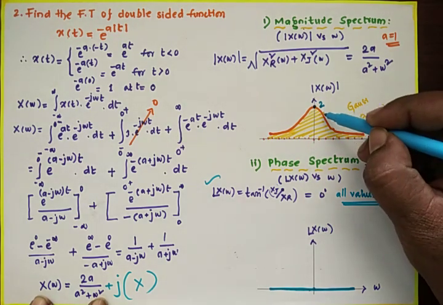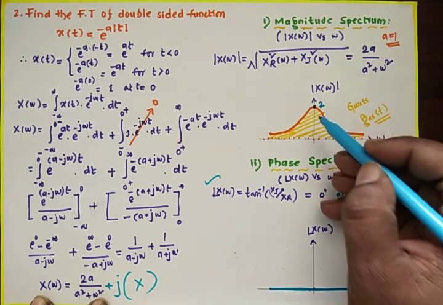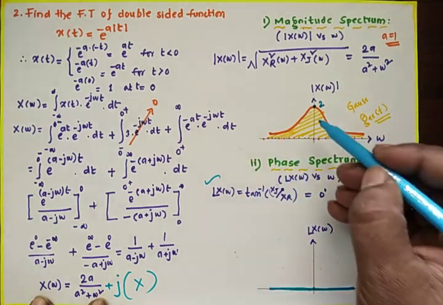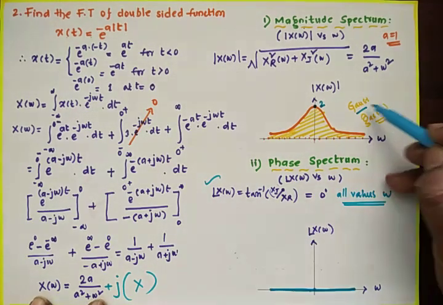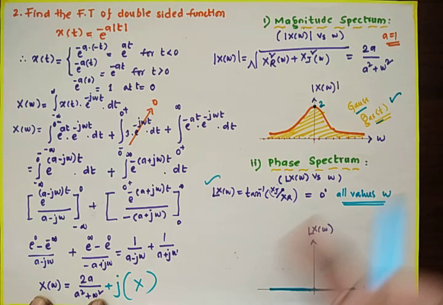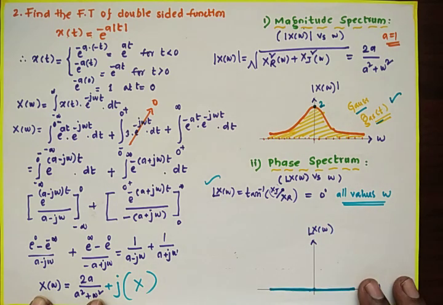As the omega value increases in the positive and the negative direction, the magnitude is going to reduce, the signal strength is going to reduce. That function is called the Gaussian function. We have studied this Gaussian function in the previous class.